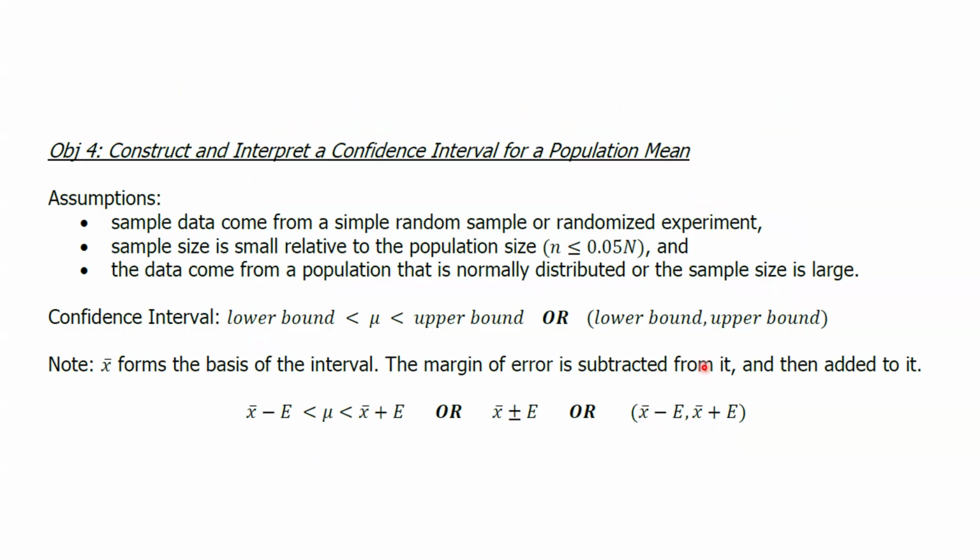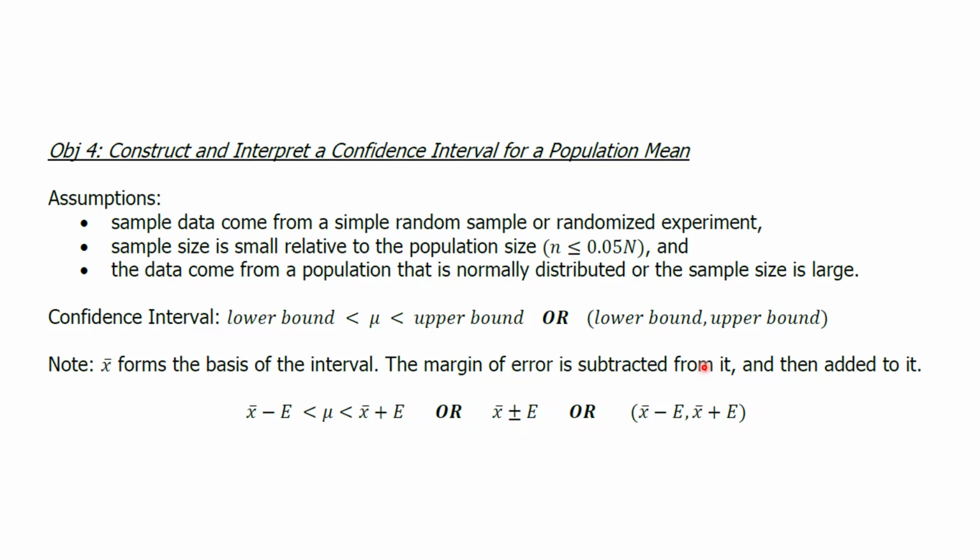Objective 4, construct and interpret a confidence interval for a population mean. When do we use this method? We need to consider these assumptions. The first one: the sample data came from a simple random sample or randomized experiment.